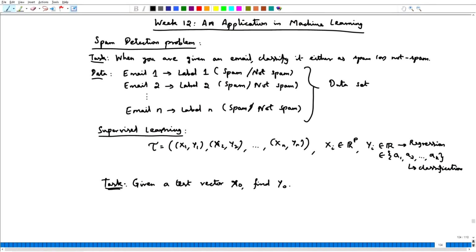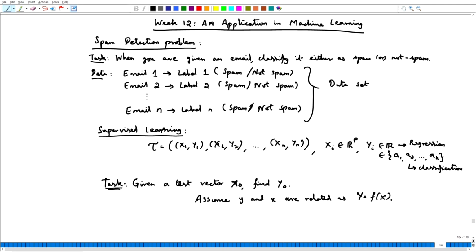What you do is you assume that y and x are related in the form of a function. So, assume that y and x are related as y equal to f of x.